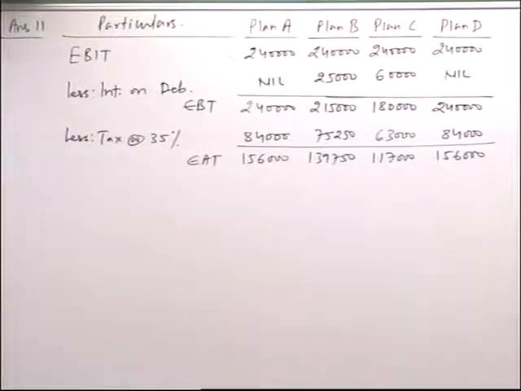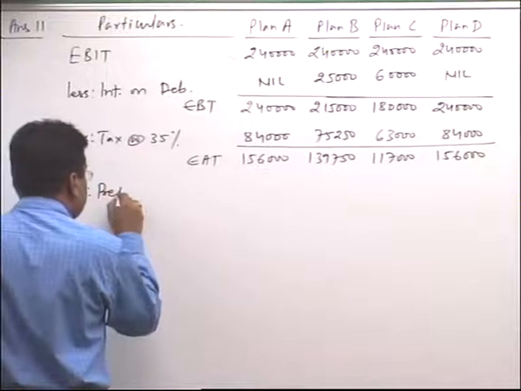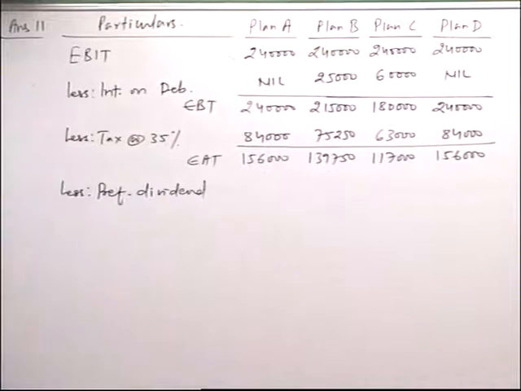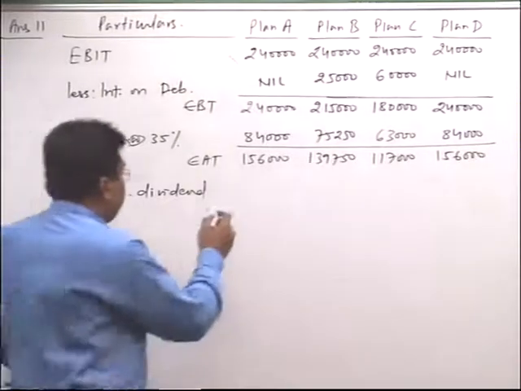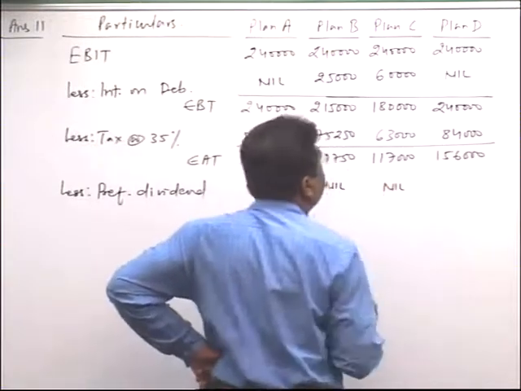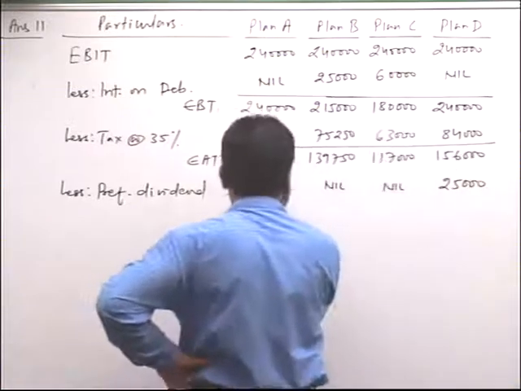Now in this question you can see that in Plan D there is preference share capital, so preference dividend will come. So after this EAT deduct preference dividend. Now preference dividend will come only in Plan D, because in Plan A, B and C there is no preference share capital. So here it will be nil in the first three columns, and in Plan D preference dividend will be 25,000, which is 5% of 5 lakhs.